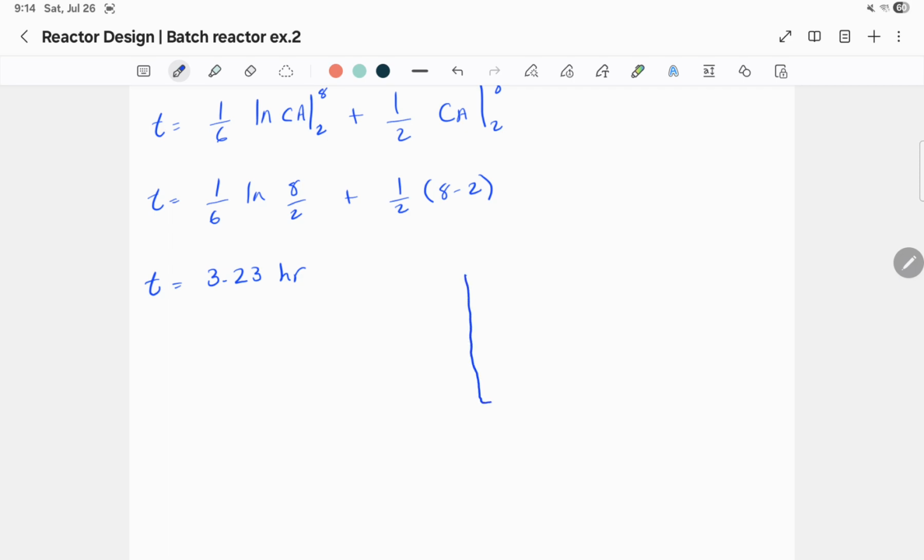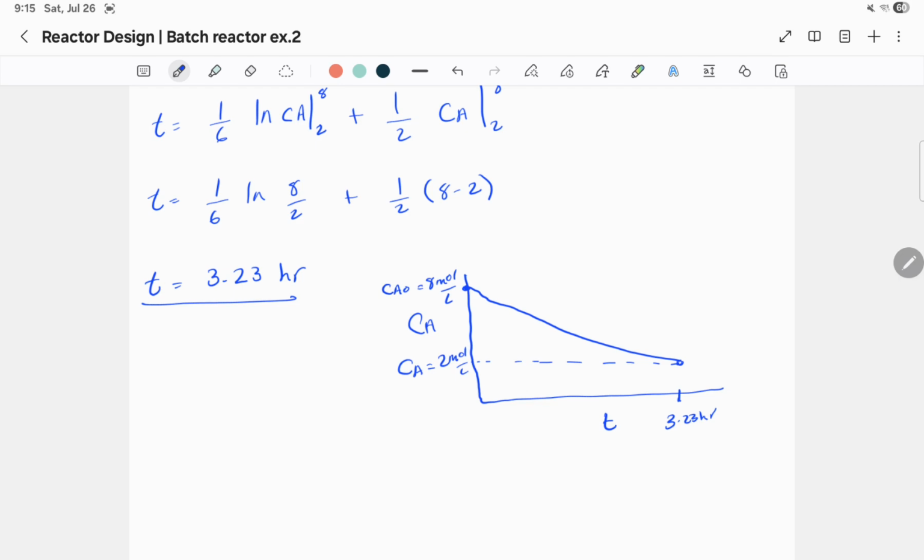So when we plot the concentration of A inside the reactor with respect to time, Ca versus time, we'll know that the initial concentration started with 8 moles per liter of A, and it needed 3.23 hours in order to reach a final concentration of 2 moles per liter of A. And that is the final time required to reach a final concentration of 2 moles per liter.